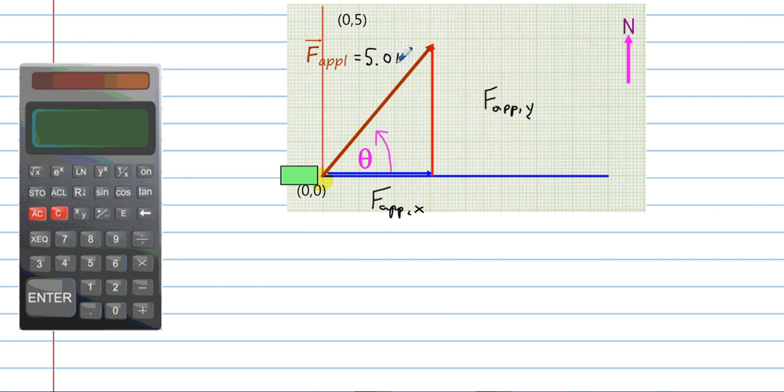Notice the precision. I have two significant figures here. That's important in our end answer, 5.0 newtons. And I'm going to define this angle theta in here as being, let's say, 37 degrees.